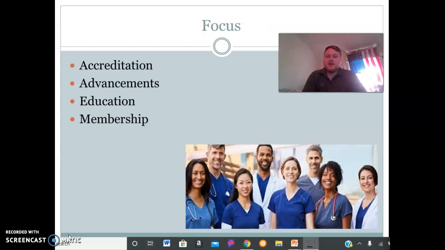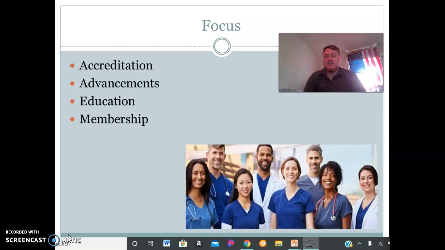Next topic I'll talk about is the focus of the website as a whole. It's very much its main drop down portions. Accreditation is a huge focus of the website because it tells hospitals and the personnel who work in them how they get accredited and what questions they might be asked once they do their reviews of the facilities.